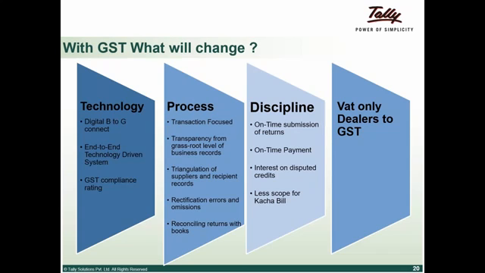But if my turnover exceeds the threshold limit of any given state, then I will be a VAT dealer. So today under GST, the majority of the VAT dealers will now get exposed to the compliance of inherited provisions of excise and service tax, right?